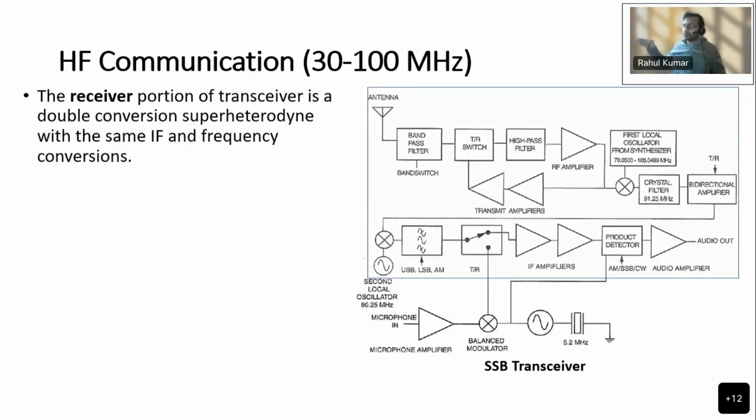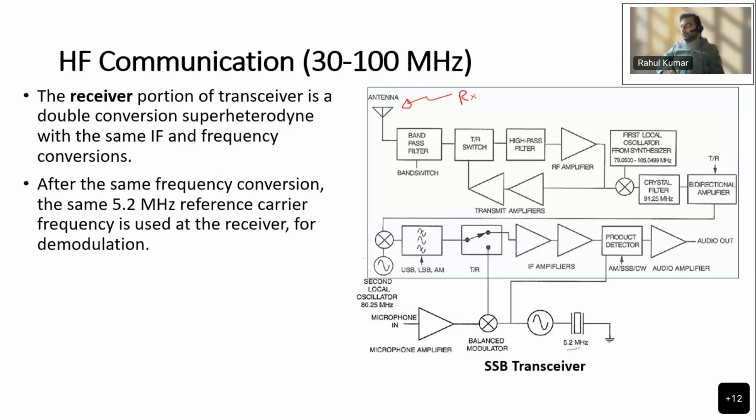Heterodyne means you change the frequency of your received signal. So you would reduce the frequency to 5.2 megahertz by following the same process but in reverse order.